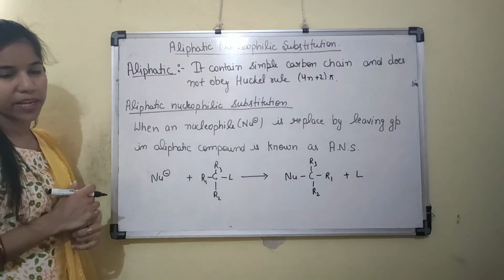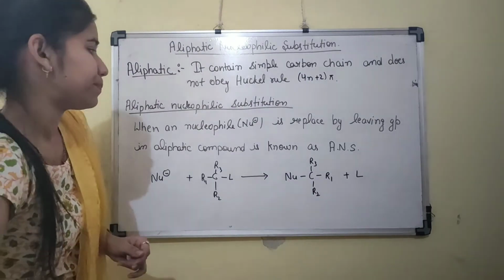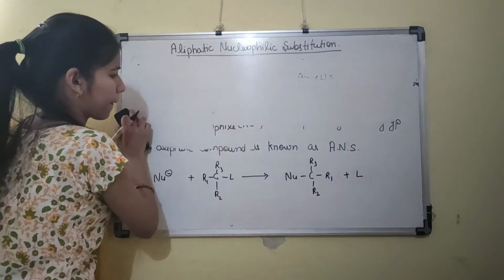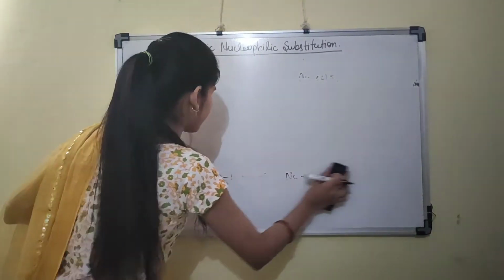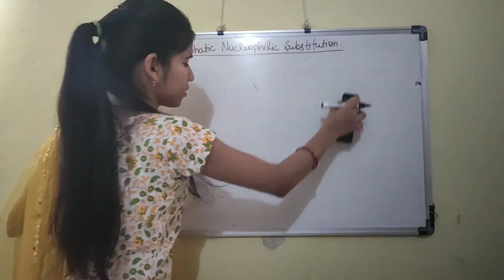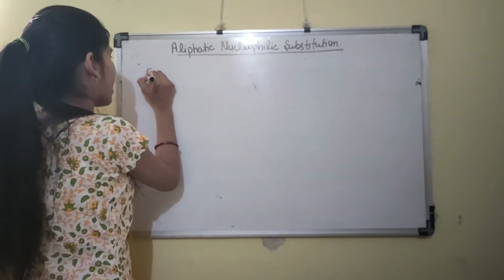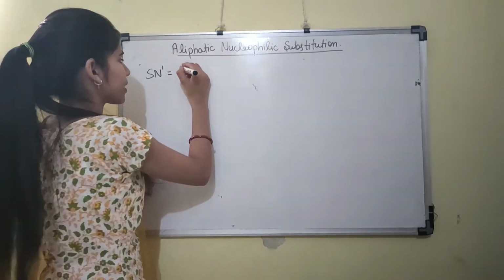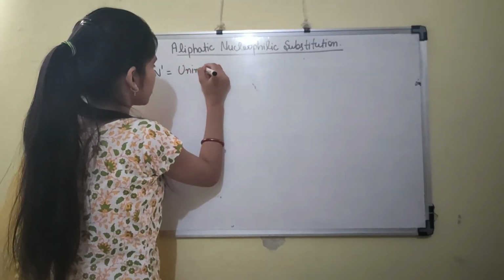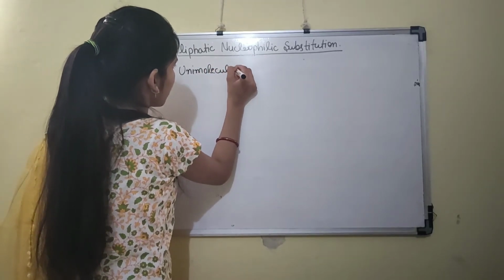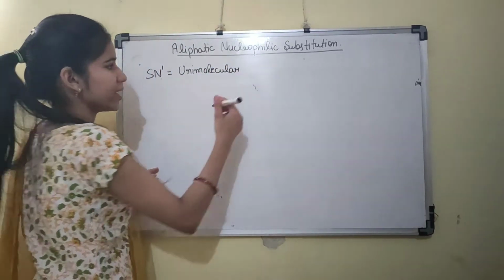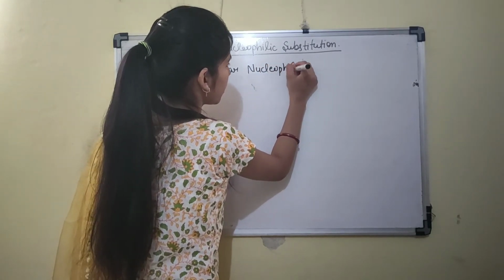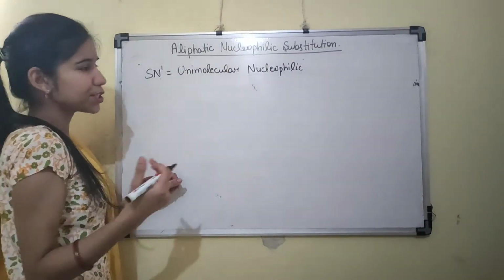There are two mechanisms. First is SN1 mechanism, second is SN2 mechanism. In SN1, 1 means unimolecular, N means nucleophilic and S means substitution reaction.